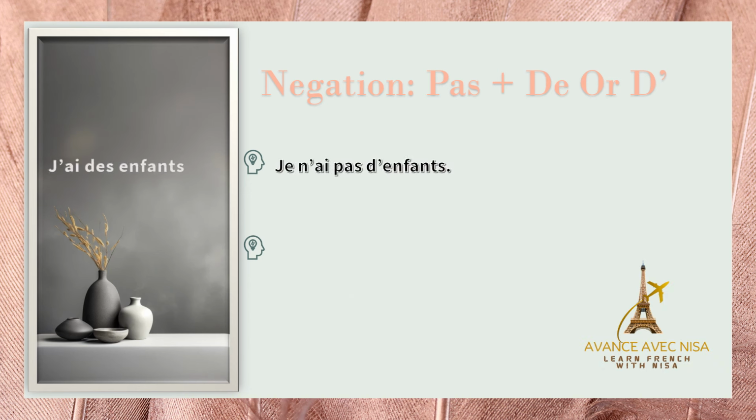For example, if you want to say I have some children, in French you would say j'ai des enfants. But if you want to say I don't have any children, or I have zero kids, then you would say je n'ai pas d'enfants. We're using the apostrophe here because enfant is a word starting with a vowel.